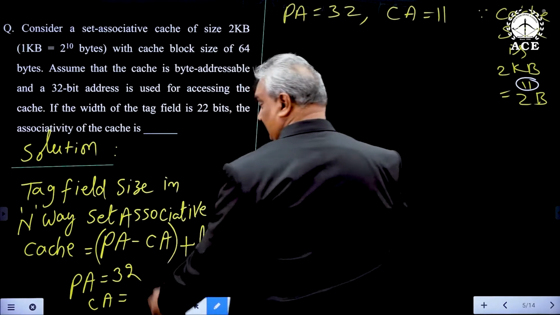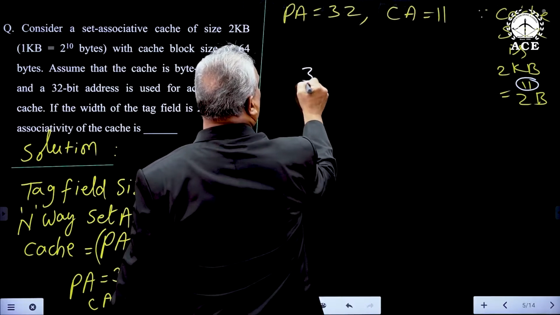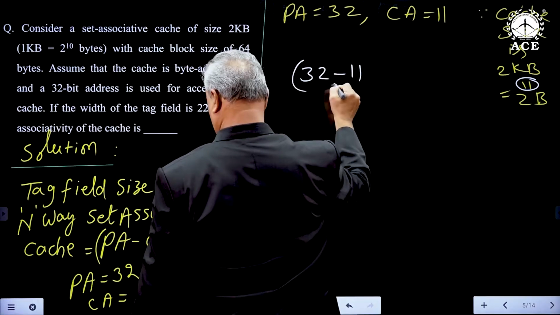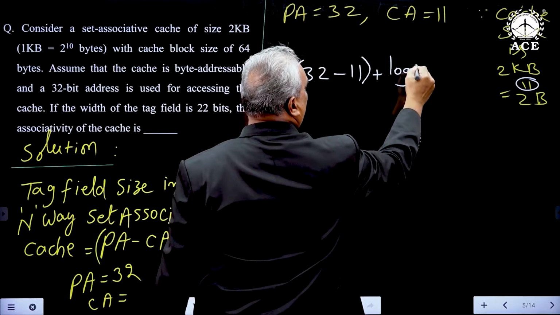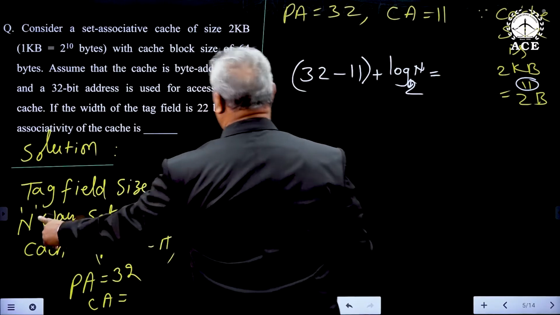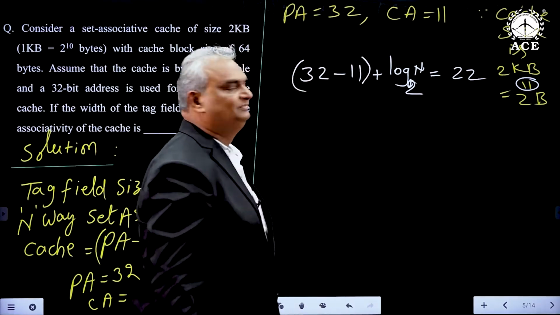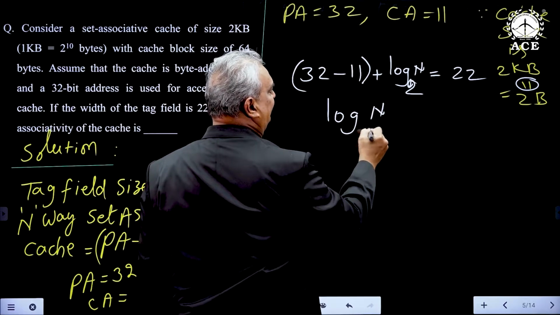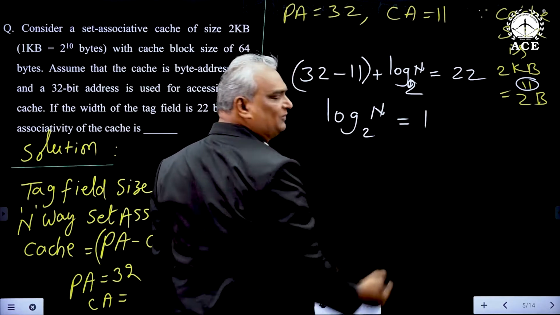That's why here it is PA minus CA. What is PA here? 32, minus what is CA? 11, plus log n with base 2, is equal to the given tag field size, 22 bits. Then log n with base 2 is 2 to the power 1, so it becomes 1.